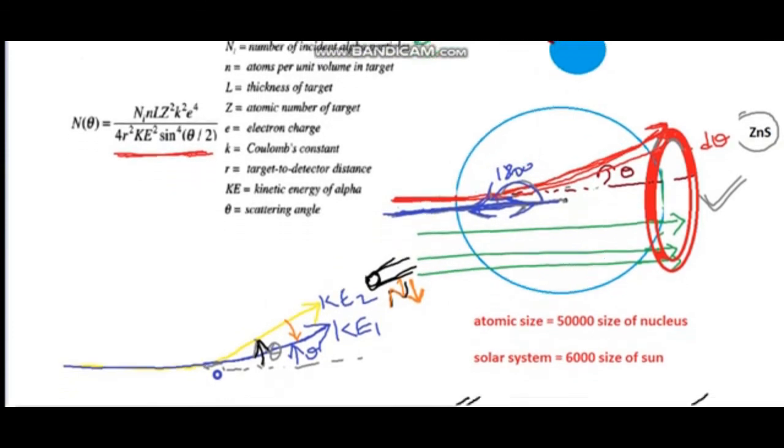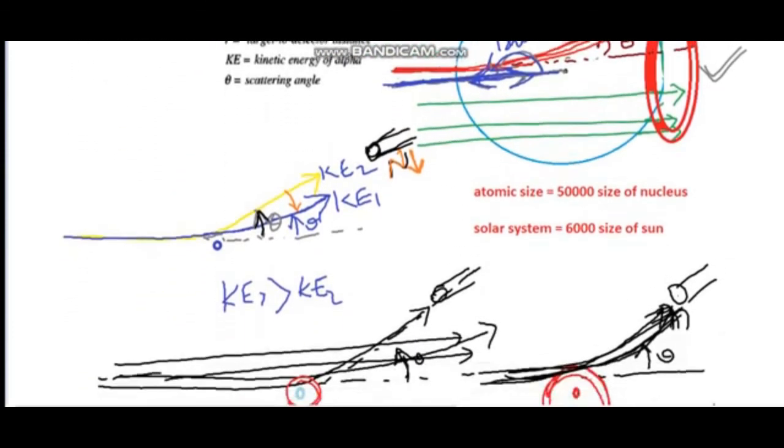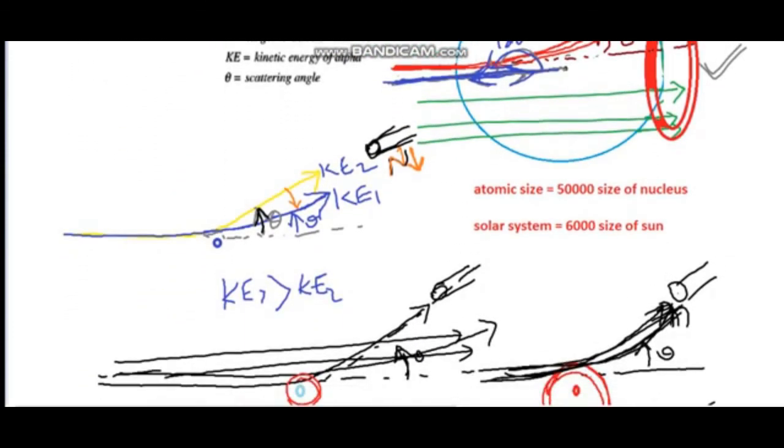In the size comparison, let's say for the hydrogen atom, the atomic size is equal to 50,000 times the size of the nucleus.